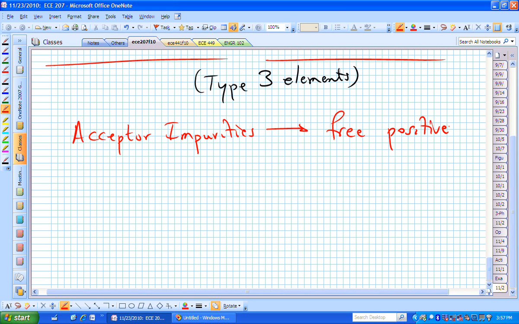Now we have free positive charge in the outer lattice.